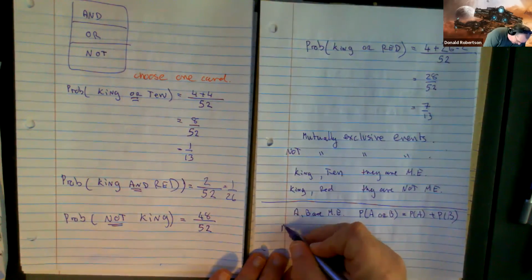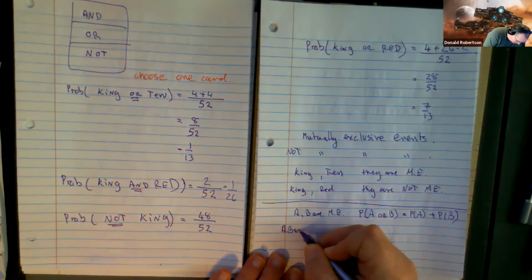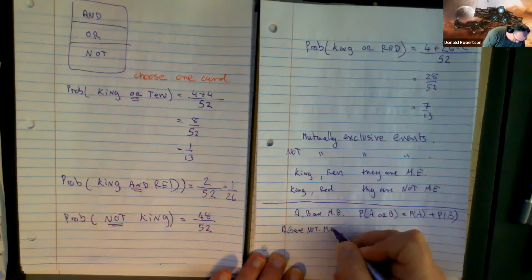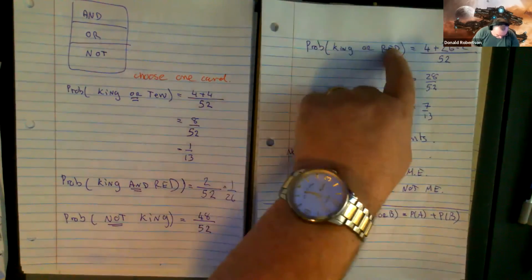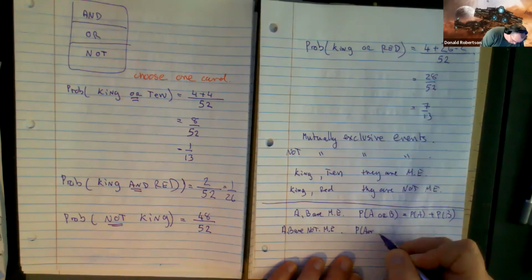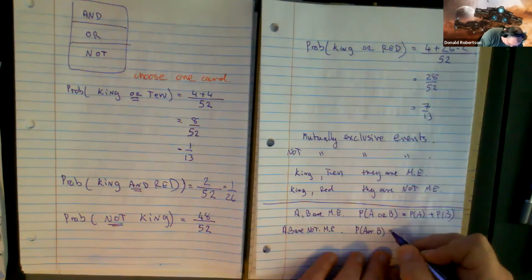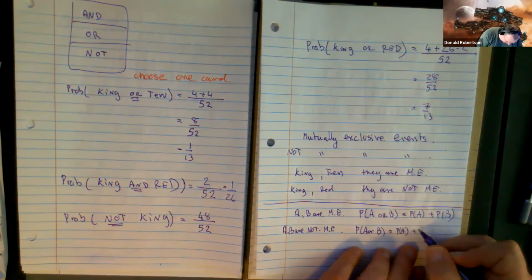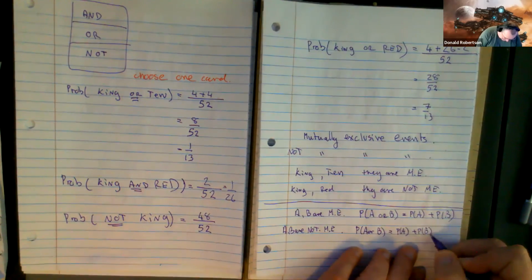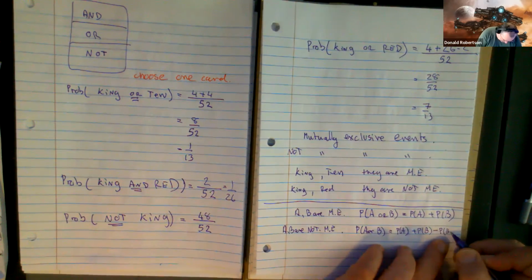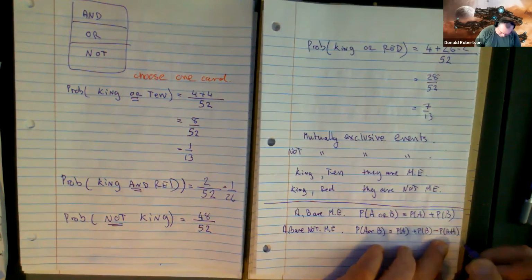Now, if A and B are not mutually exclusive, like this situation, then the probability of A or B becomes the probability of A plus the probability of B, and then you take away the probability of both things happening.